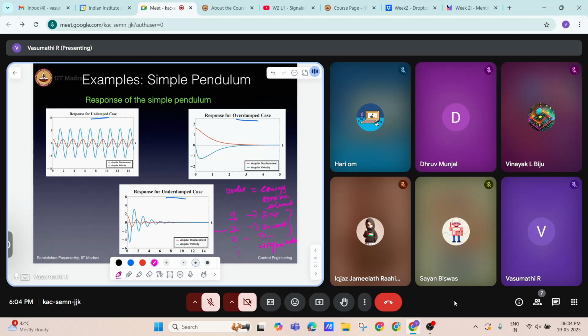And the second order system particularly exhibits very interesting behavior. For example, if there are two energy storing elements in that system, it behaves very interestingly compared to the other systems.